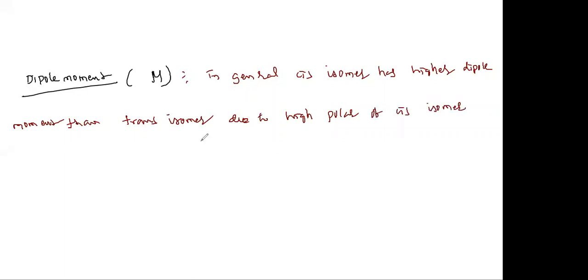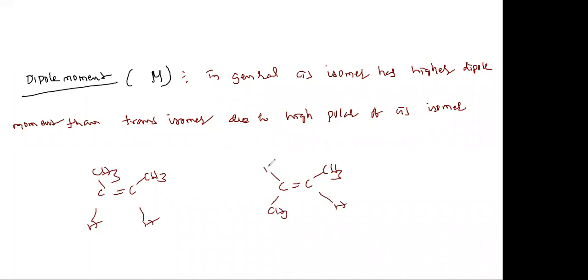Is it okay? For example, C double bond C, with CH3, CH3, H, H. Same case, C, CH3, then CH3, then H, H. This is a cis. This one is trans. Okay, here cis has a dipole moment not equal to 0, but trans is always 0.